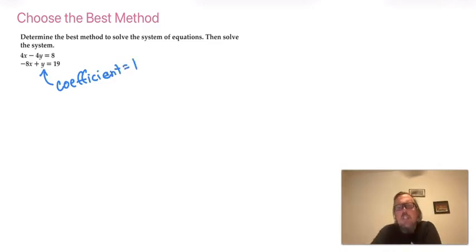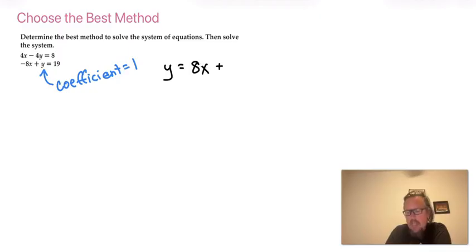And because it has a coefficient of 1, I can get the y isolated, just like I was talking about doing for graphing. If I add 8x to both sides, I get y equals 8x plus 19. And now I can take that and substitute it into the top equation. So 4x minus 4y equals 8 is our top equation.